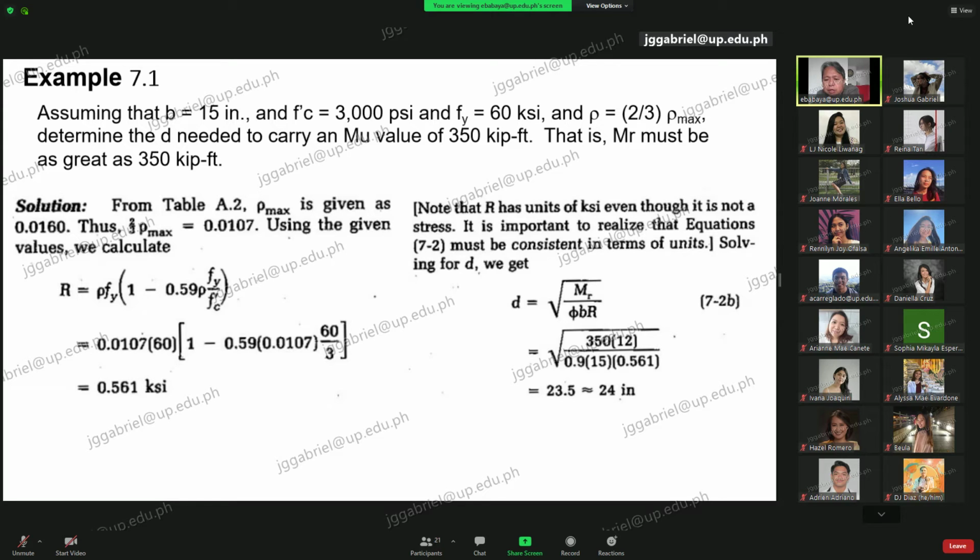So therefore, more or less, you have an idea now how much depth is needed for your beam, which is 24 inches. Okay?